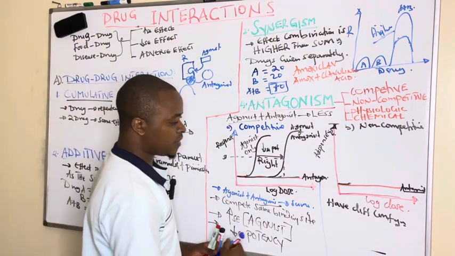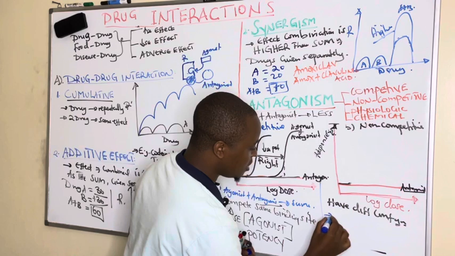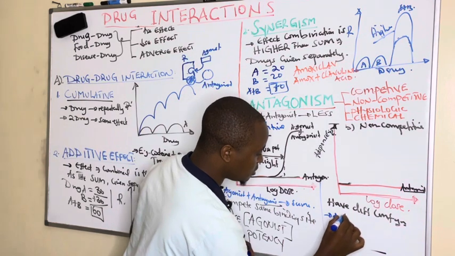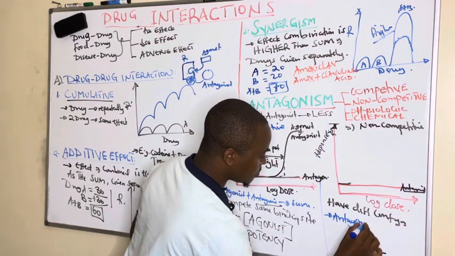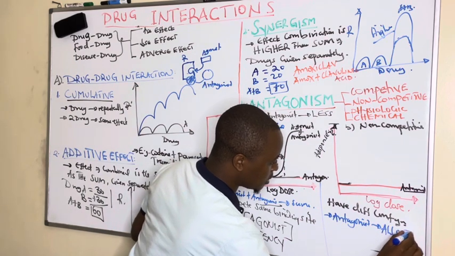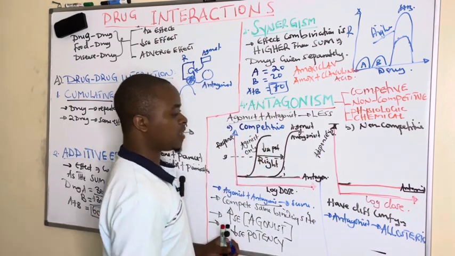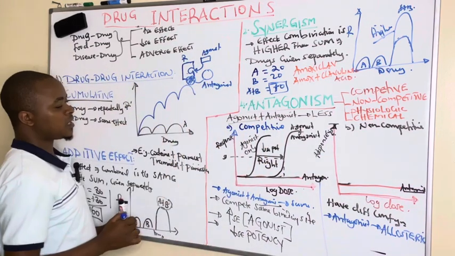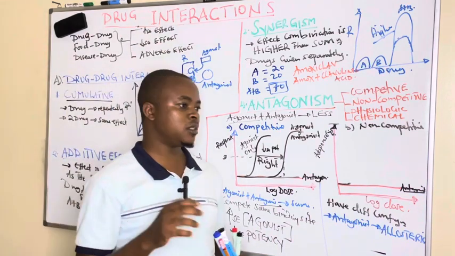So because they have different configuration, the antagonist binds to the allosteric site. Allosteric comes from the word allos, which means different site. So this is the allosteric site other than the binding site.